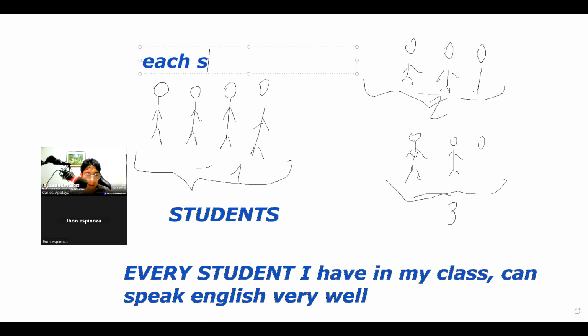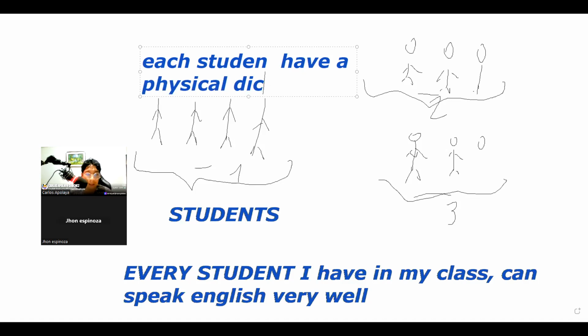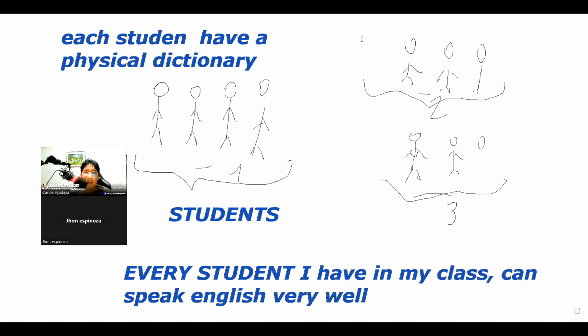But you know, in this group, John, each student has a physical dictionary. Look at this. Each student has a physical dictionary. I'm sorry, I made a mistake here. Has a physical dictionary, because they study online, so they use an online dictionary.